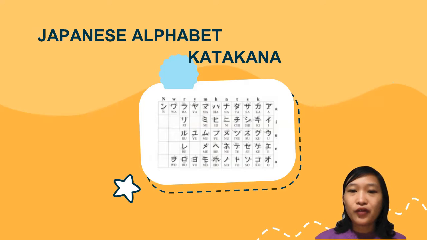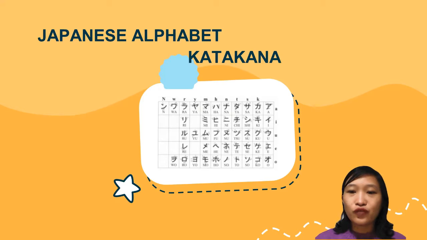Then there's what you call katakana. These are different characters symbolizing the same sounds as hiragana. So there are the same number of katakana as hiragana. Katakana are used instead of hiragana for many reasons. For example, to write foreign words in Japanese and to write loan words.